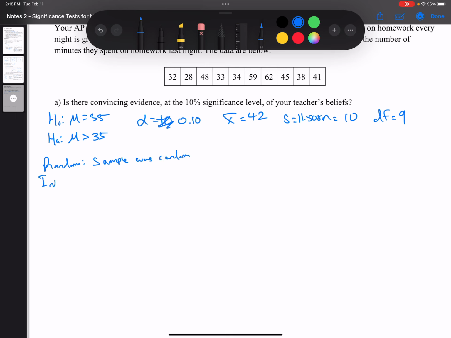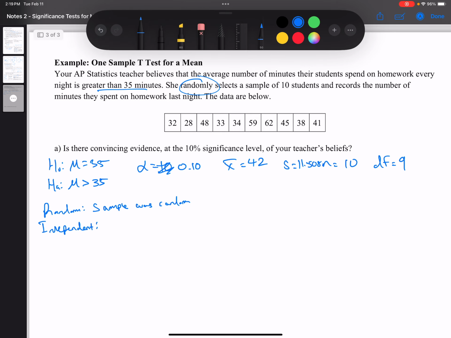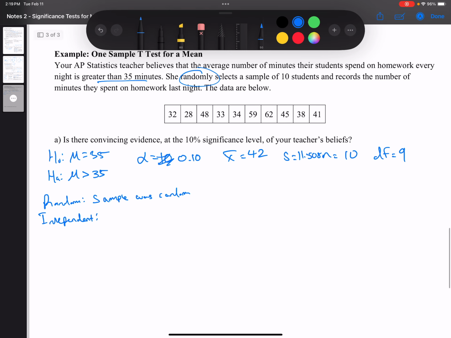Is it independent? So you've got to think about a typical high school. Maybe this teacher is teaching, instead of me with one stat class, maybe they've got 5 or 6. We're just going to say it's a safe assumption, because it'd be 10% of all stats students that the teacher teaches.